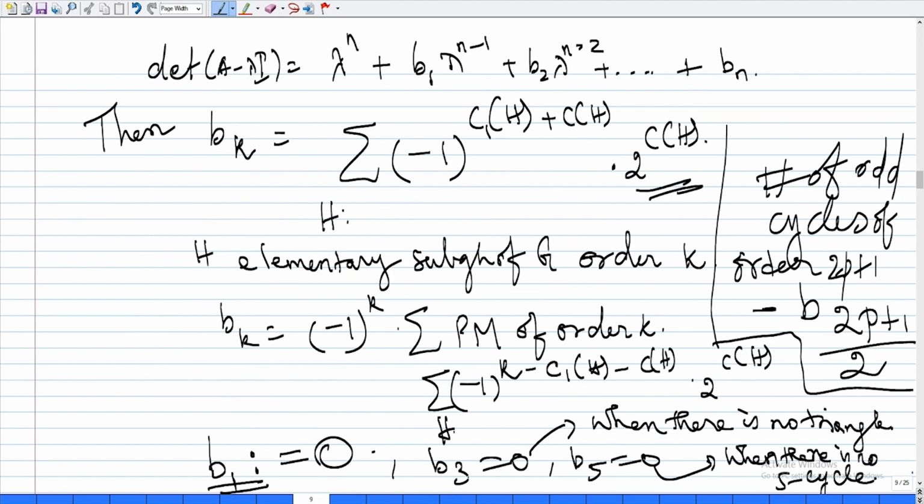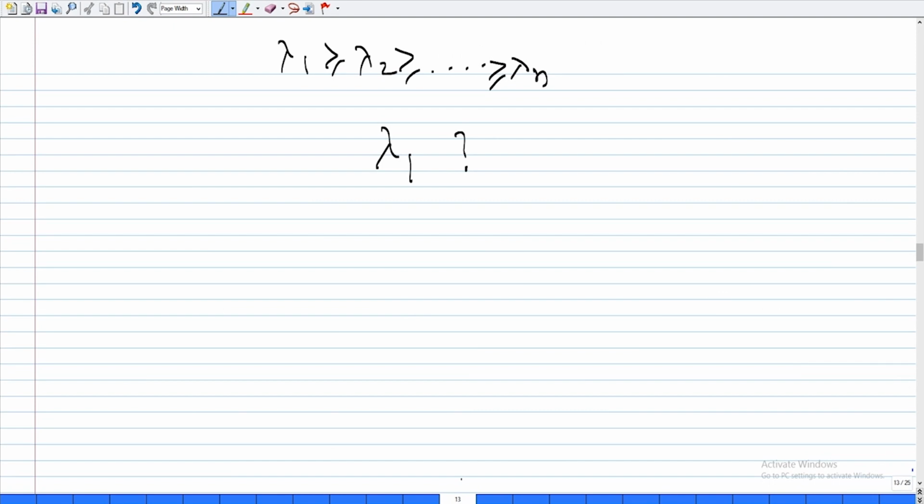From here, can we conclude something about the lambda 1 value, the largest eigenvalue of the adjacency matrix? Okay, think about it.